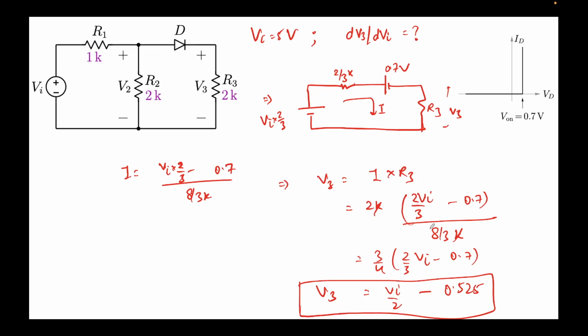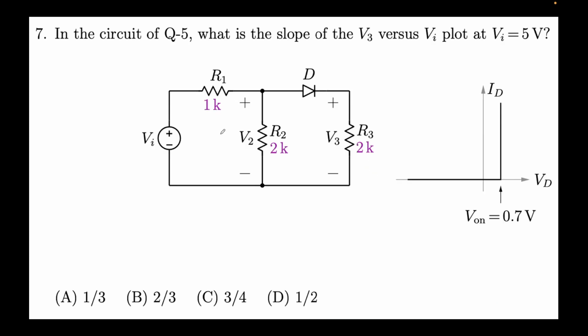I'll again repeat, I have done nothing. We have already obtained this Thevenin equivalent in the last problem. Because Vi was 5, this is coming out to be 10 by 3. So I've just replaced it back in terms of a variable, and this is the expression that we are getting. So V3 equal to Vi by 2 minus 0.525, and this is by the way when Vi is greater than Vi on, which we obtained was 1.05 volts, right?